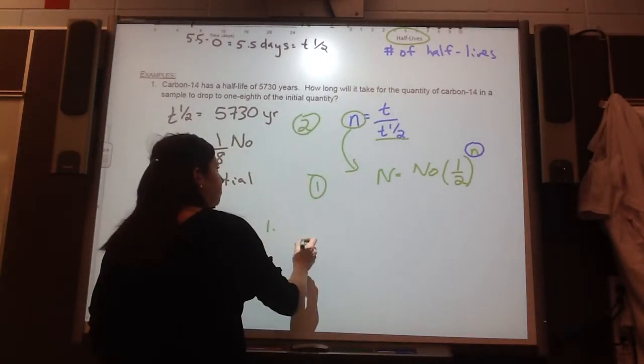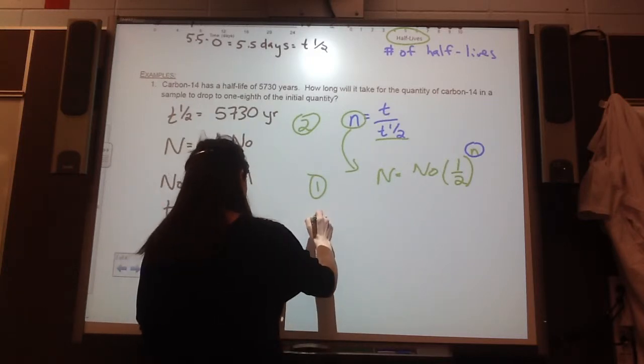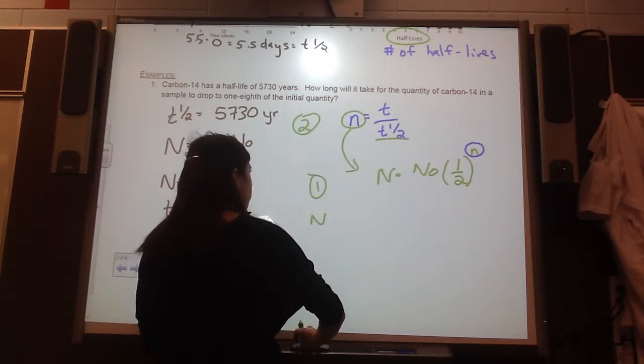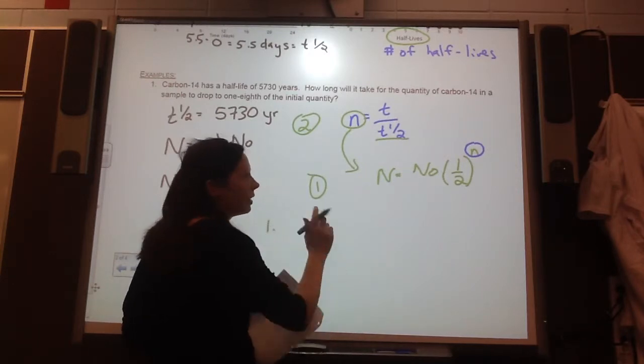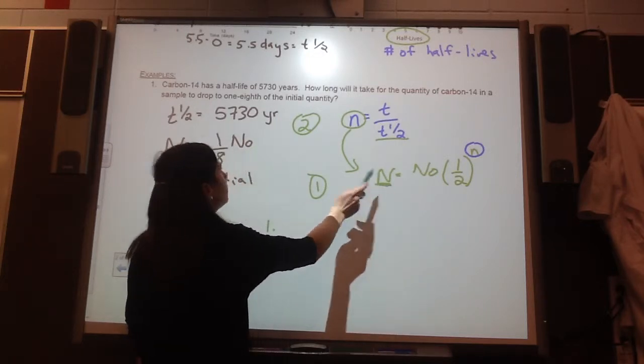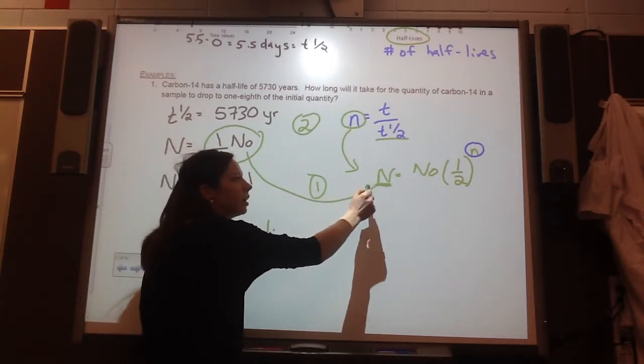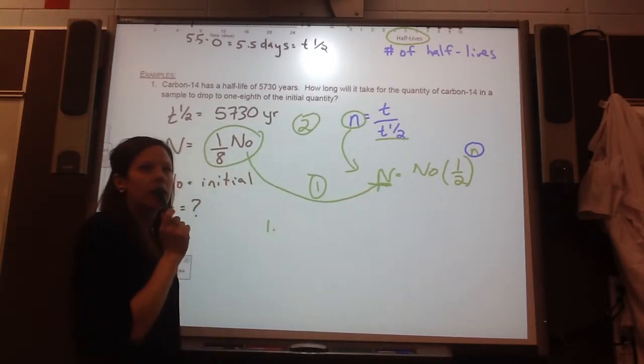So the first one, if I rearrange, and let's make it even simpler for us. This N value, let's substitute in 1/8 N naught into here so that we can cancel out N naught.